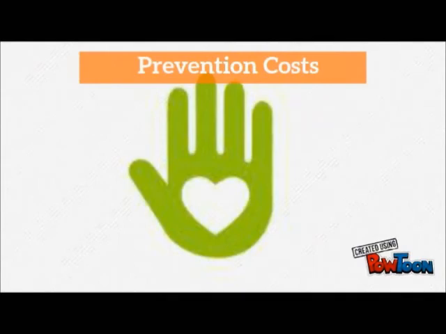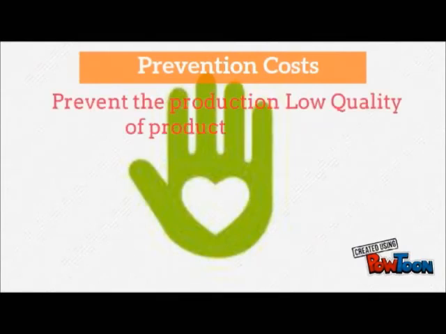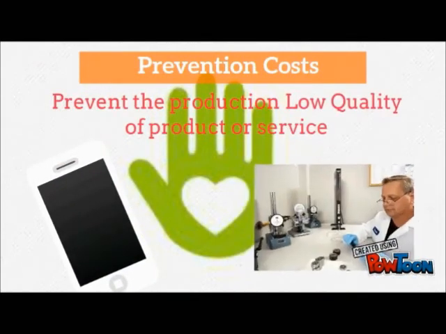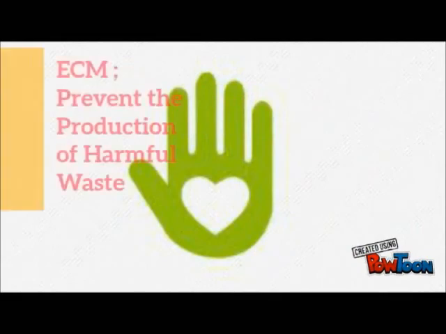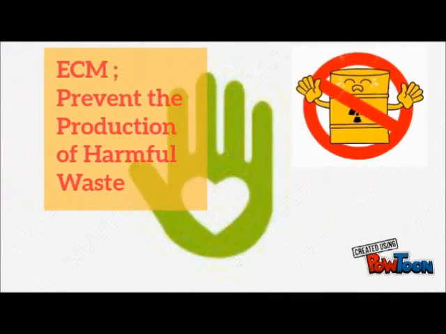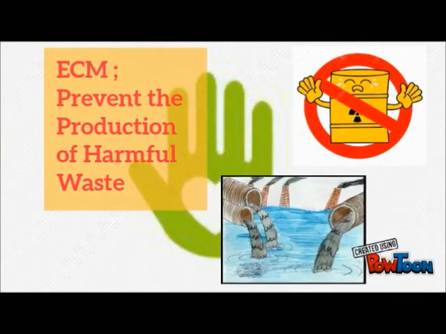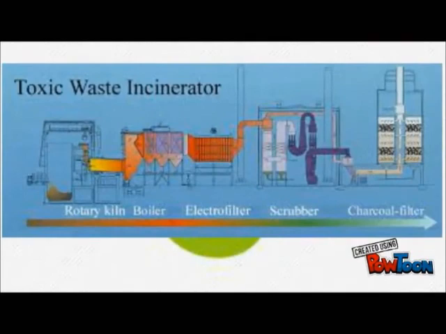Prevention costs are the costs incurred to prevent the production of a product or service that does not meet the specification or quality standard. In ECM, it is the costs to prevent the production of harmful waste that can bring damage to the environment. For example, a machine that screens the waste before it is released to the river.